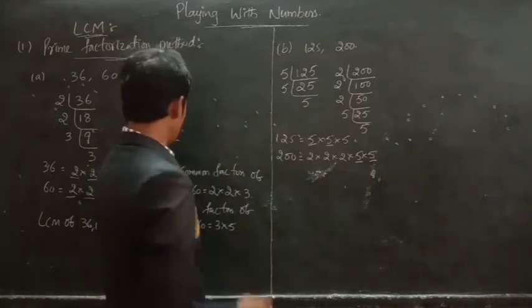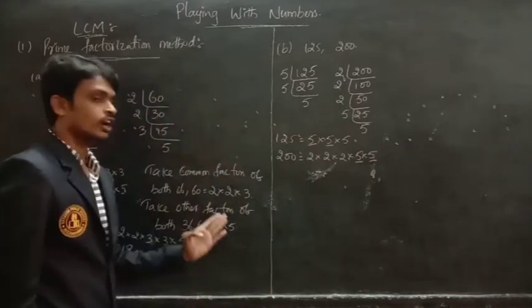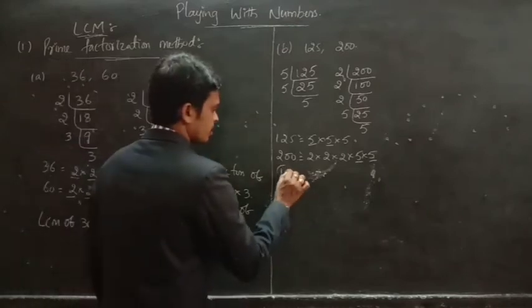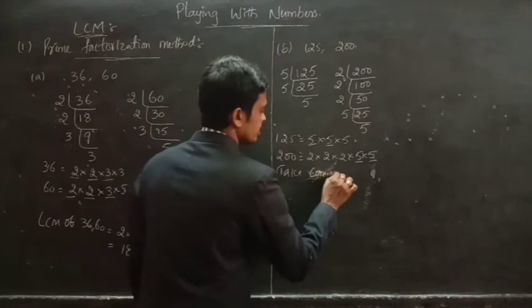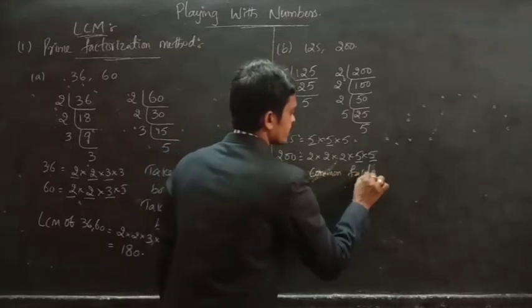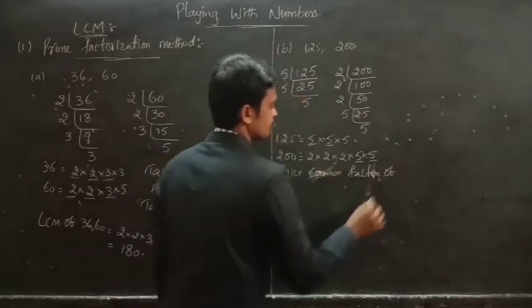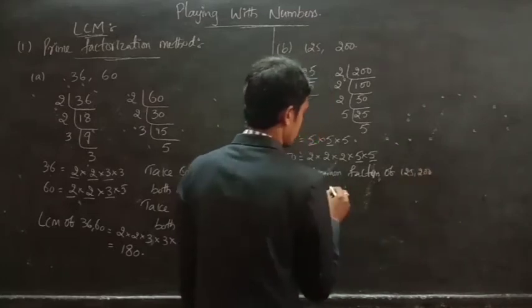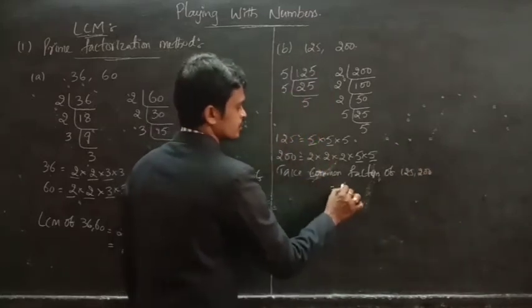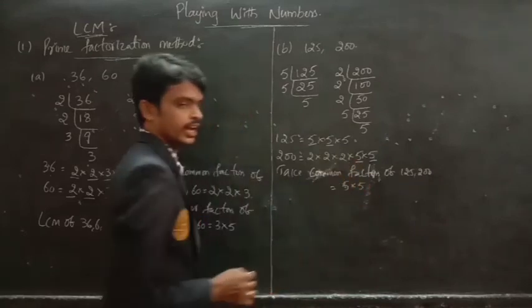Same as this, first take the common factors of 125 and 200. So what are the common factors? 5 into 5.